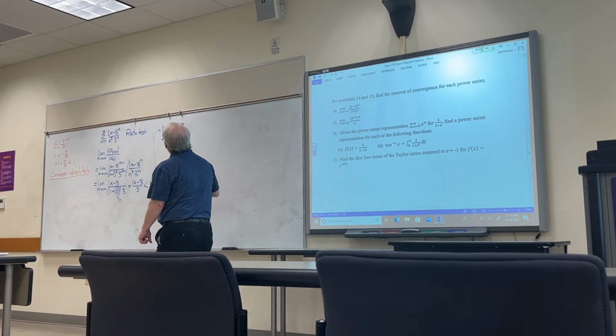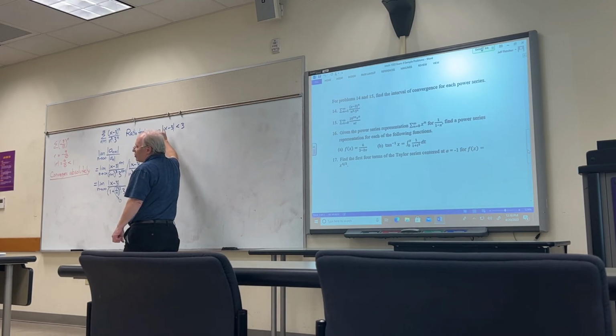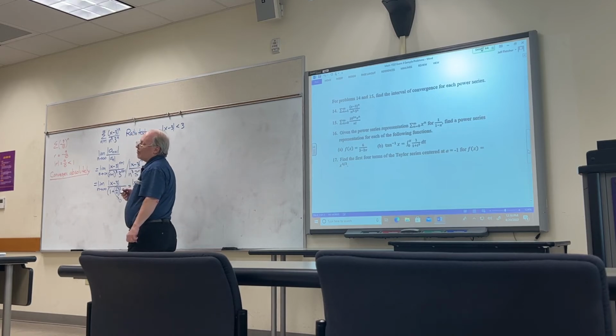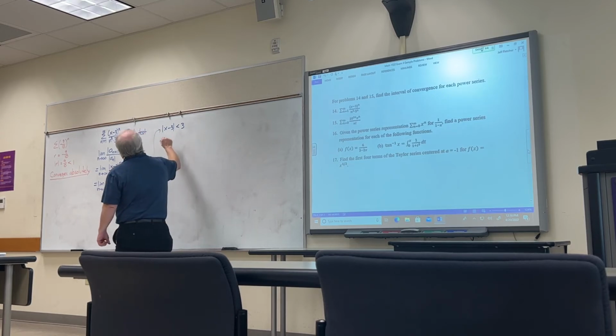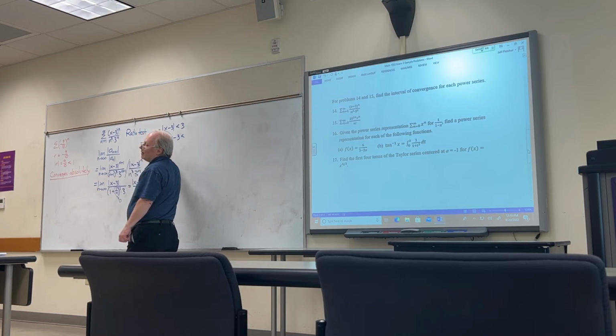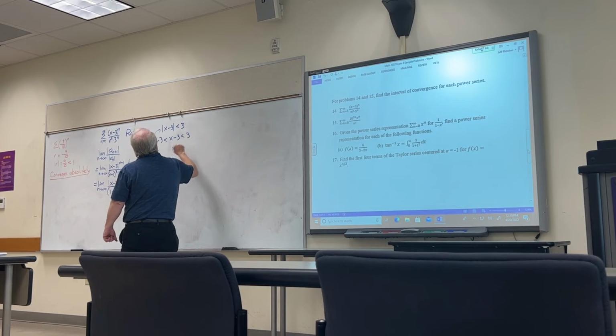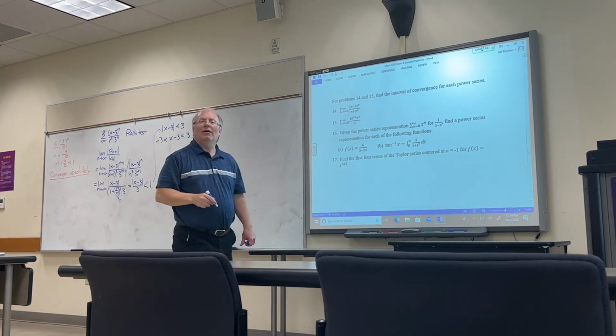Remember, we write this as a compound inequality. So what do we put on the left? Negative 3, and on the right, positive 3.